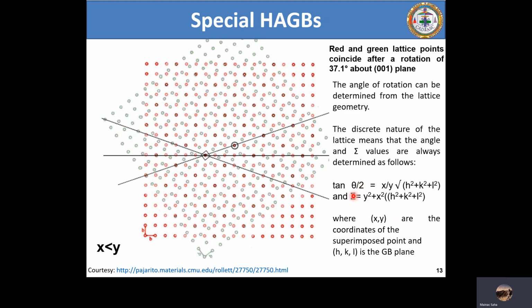So ultimately you'll find that the sigma value is equal to 5 in this case. Which means in a cubic material, rotation of one lattice with respect to the other by an angle of 37.1 degrees about the 001 plane will lead to the generation of a sigma 5 boundary. So with this, I hope you understood this class.